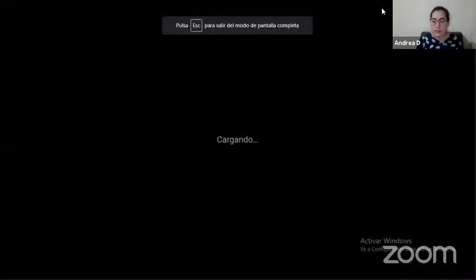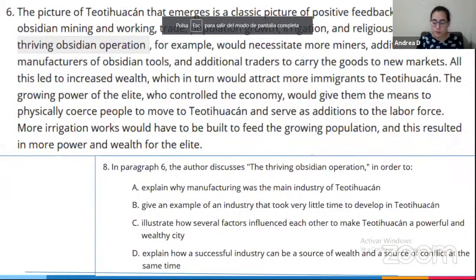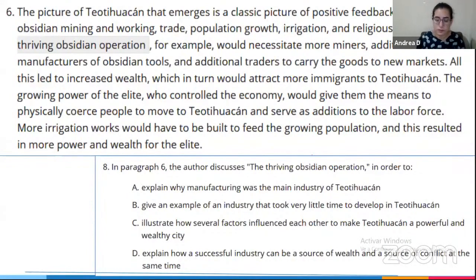All right. So who can read the question? Maybe Paola, do you mind reading? In paragraph 6, the author discusses the thriving obsidian operation in order to A. Explain why manufacturing was the main industry of Teotihuacan.